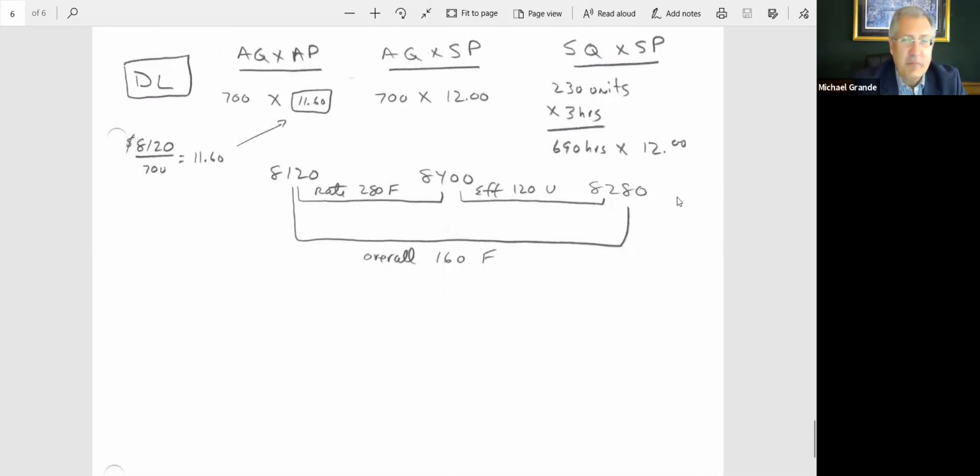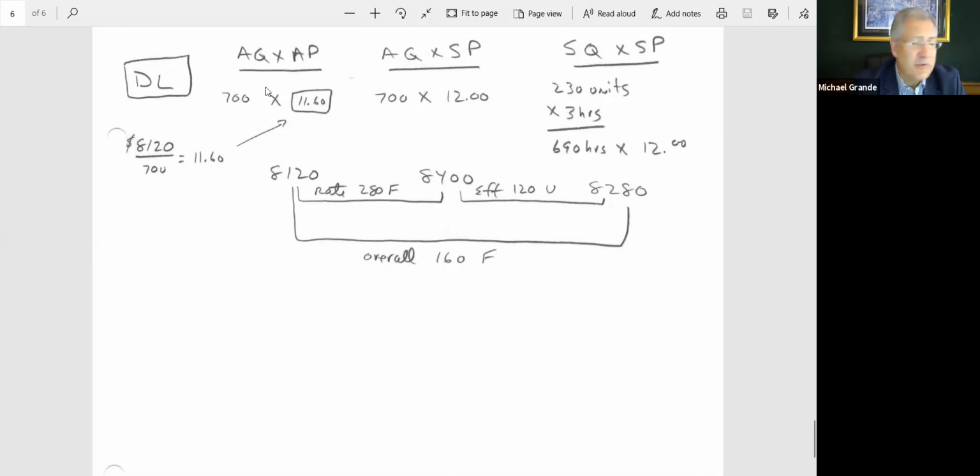They should have spent $8,280 on labor. What did they actually spend? They said they spent $8,120. They gave that to you. So you've got an overall variance of 160. They should have spent 82.80, actually spent 81.20, $160 favorable variance.